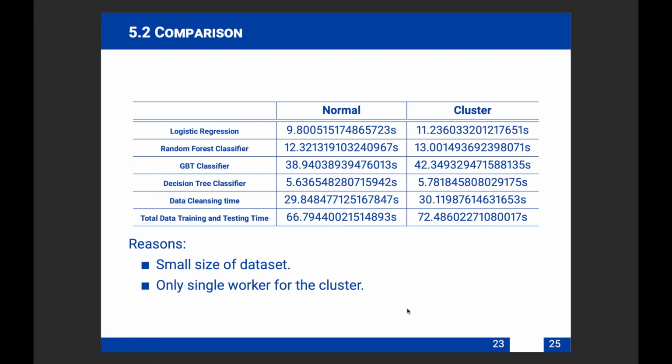So the effect is not so good in this case. Second, the cluster only contains one worker, so multiple parallel computations cannot be implemented in the cluster, which causes this consequence. If we use more workers, its performance may be better.